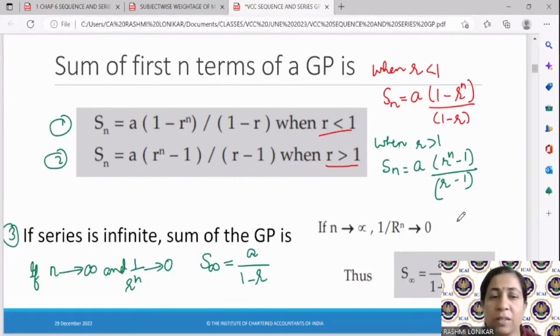Very important is that you can find the sum of an infinite GP only when r is less than 1. Or if r is greater than 1, what will be the sum? It will be tending to infinity. Okay, so this sum of the first n terms of a GP is very important.